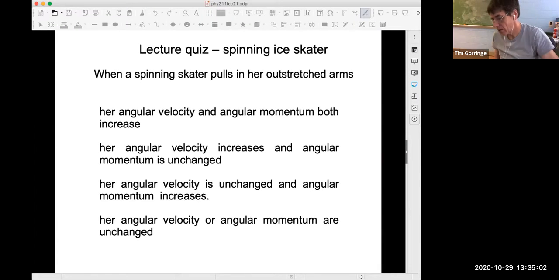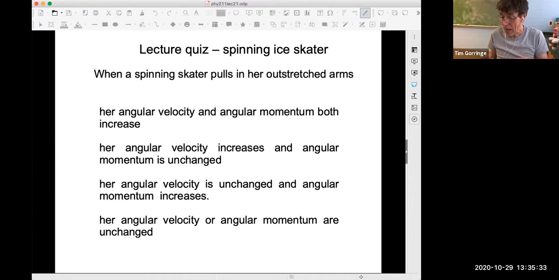Okay, so I think we're coming up to the end of the quiz. So when the spinning skater pulls in her outstretched arms, or when I pulled in my outstretched arms, my or her angular velocity increased. So she spun faster, I spun faster.